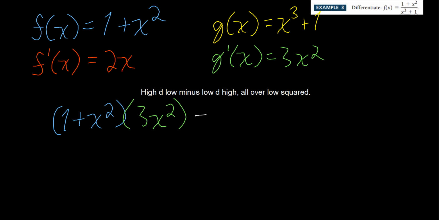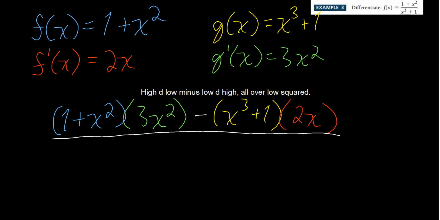So the low is going to be x cubed plus 1, and then the derivative of the high one is 2x. And then all that over low squared, which is going to be x cubed plus 1 squared.